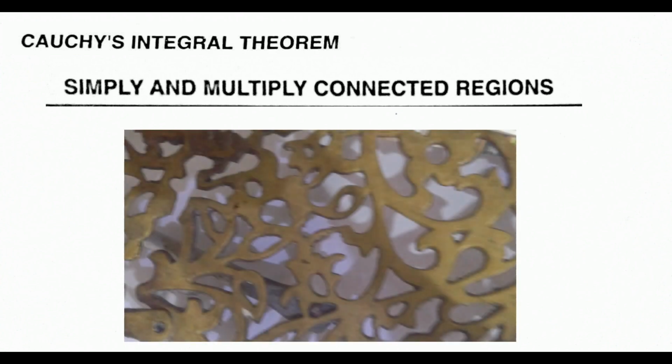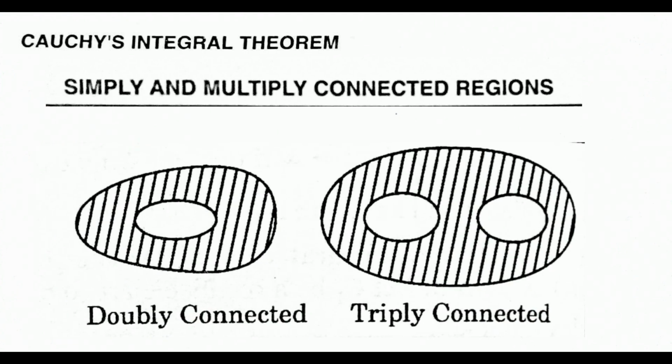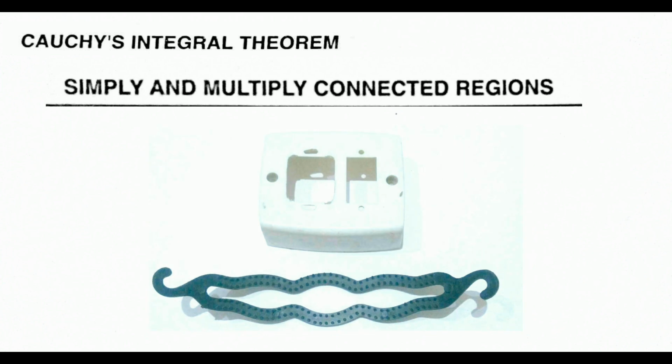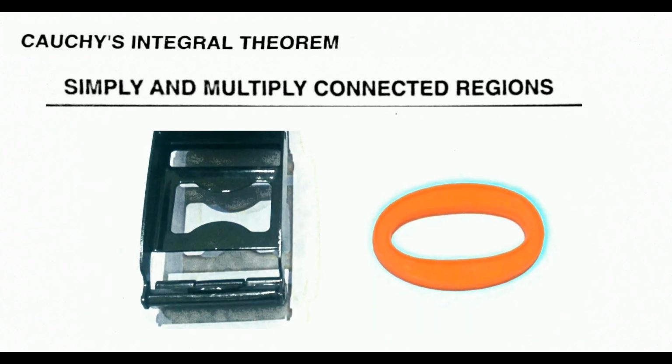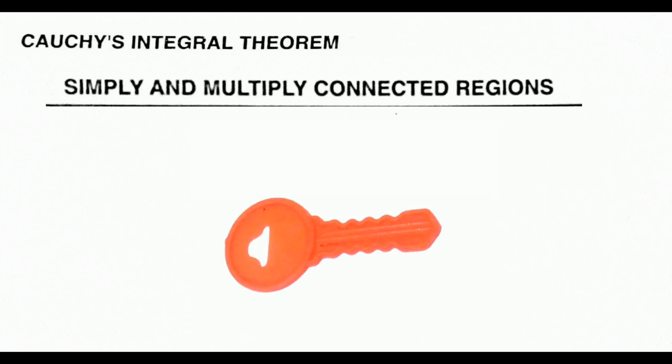But a region having holes or a crossed connected region is called a multiply connected region. For example, like this hairband, or the switchboard socket, or the back cover of my buckle, or the key of my sports bike.